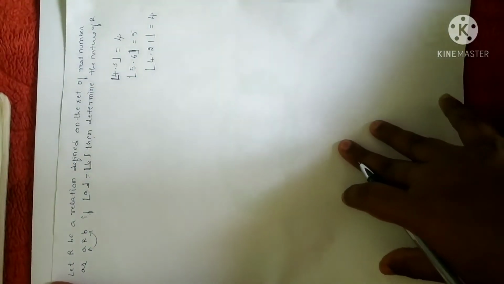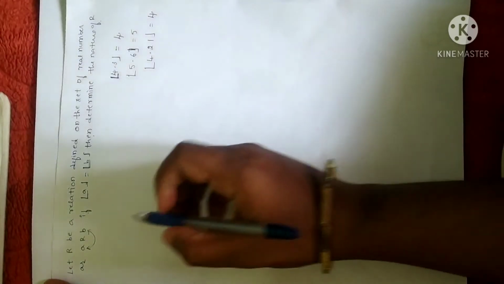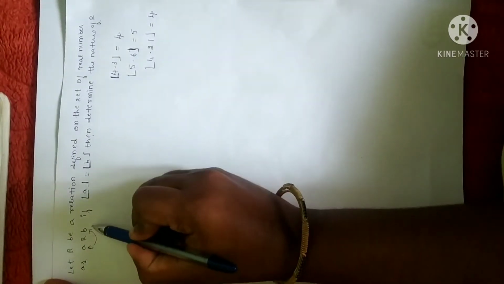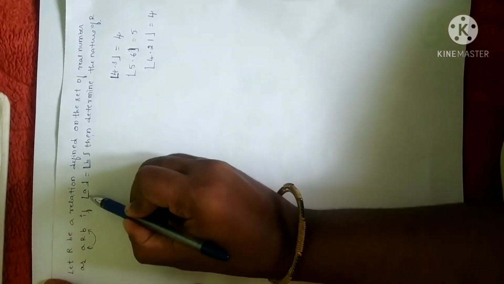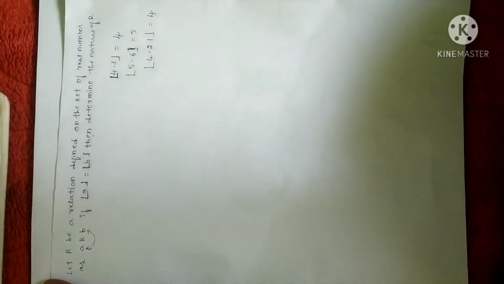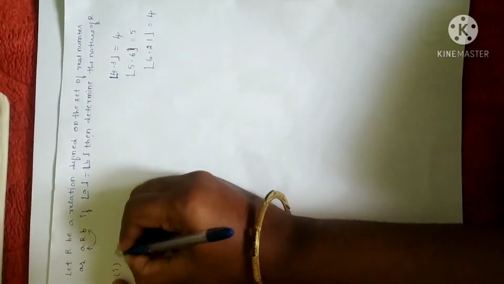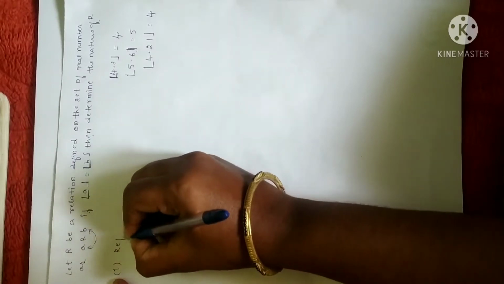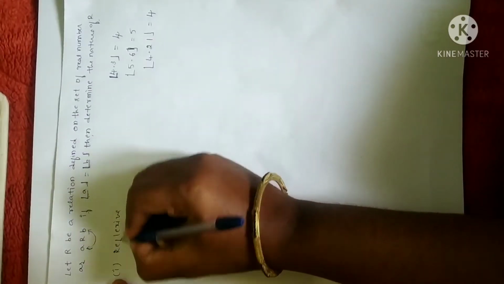Now, the relation between two elements is defined only when the floor value of A is equal to the floor value of B. Then we have to determine the nature of relation R. First, let us look at the nature of relation, that is reflexive.